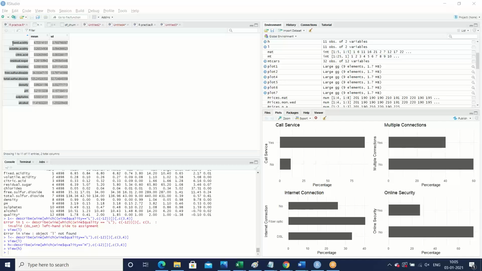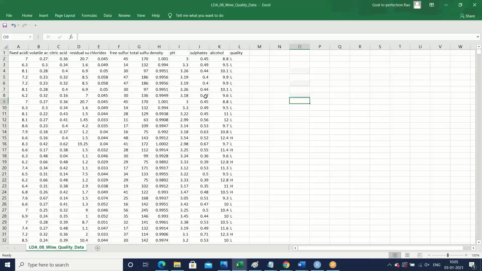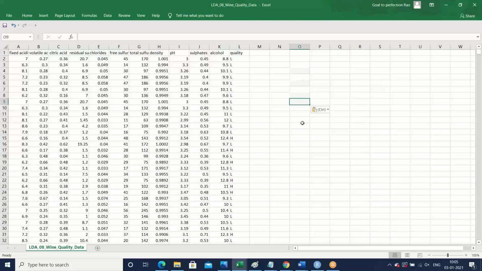Okay, just copy this, press Control C. Control V over here. It's not doing it.